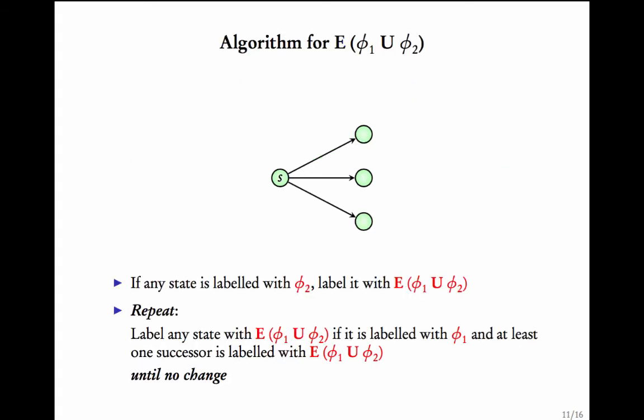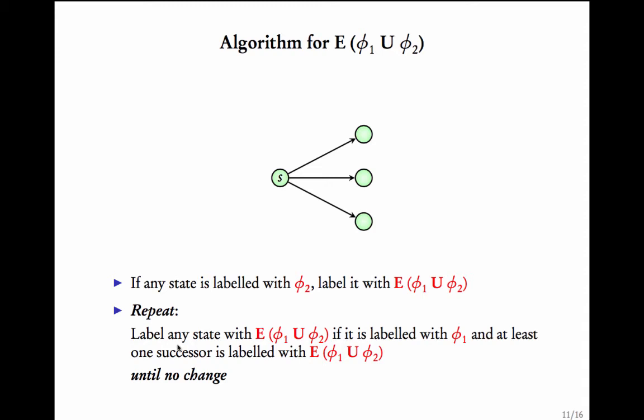Let us now summarize the algorithm for E of phi1 until phi2. Assume that states with phi1 and states with phi2 are labeled. If any state is labeled with phi2, then we should label it with E of phi1 until phi2. That is the first step.